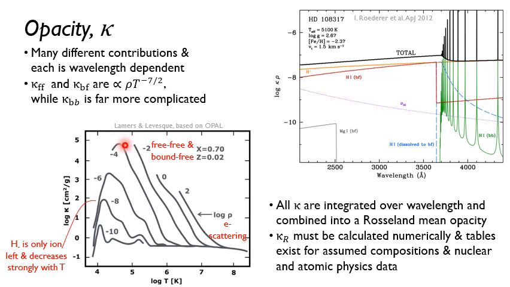There's lots of transitions in the transition metals. So you peak there, and then you decrease as you go to these lower temperatures. That should be H- superscript. As you decrease, the H- is the only ion that's left, and the abundance of that ion decreases strongly with temperature, and so that goes down.